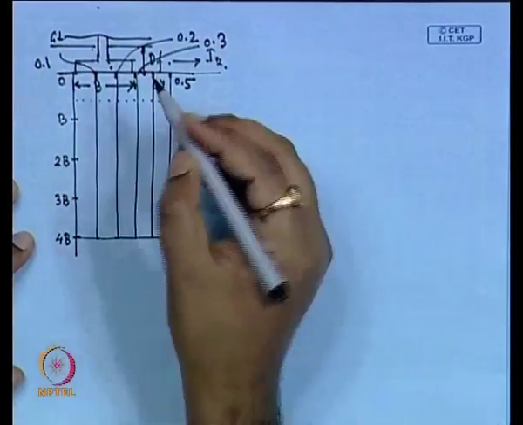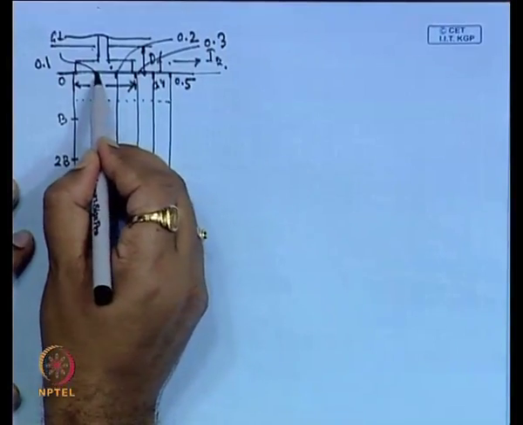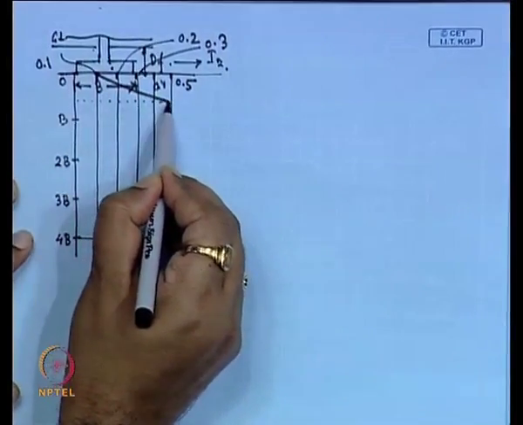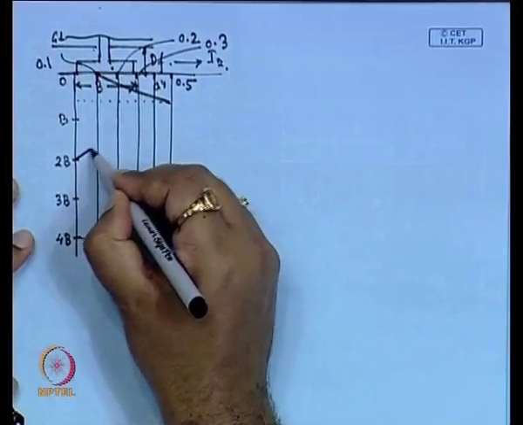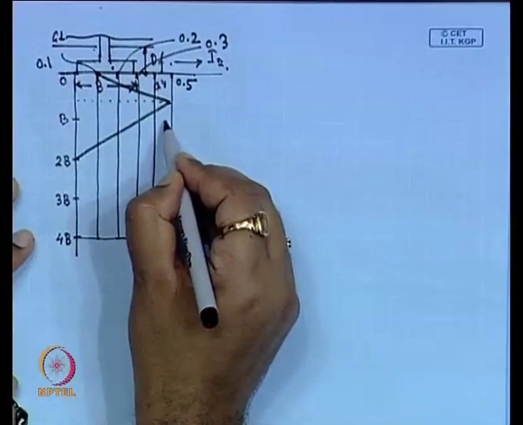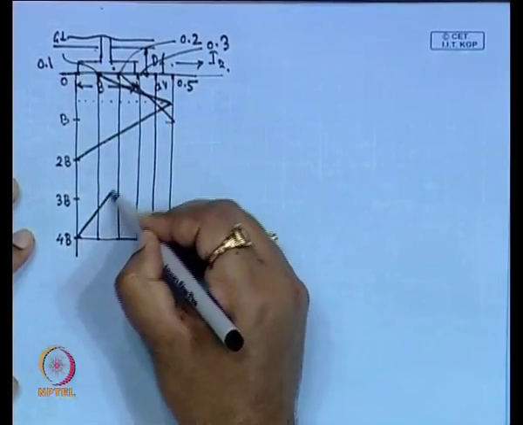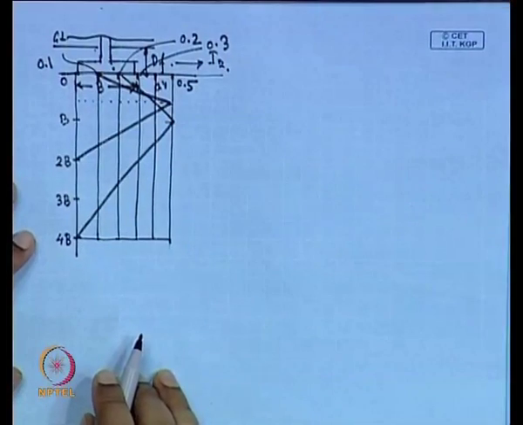Now, for the axisymmetric condition, this graph you have to draw from point 1 to this 2B, and for the plane strain condition, this will be the graph.